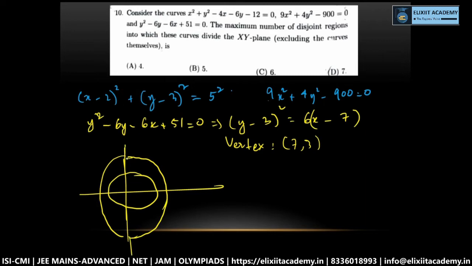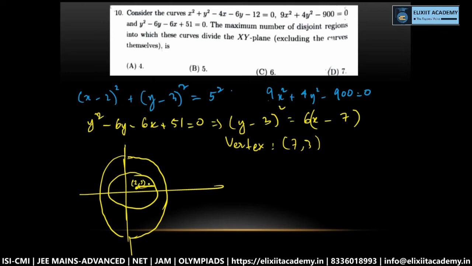The center of the circle is at 2, 3. Let's say somewhere over here you have the center 2, 3. The radius of this is 5.